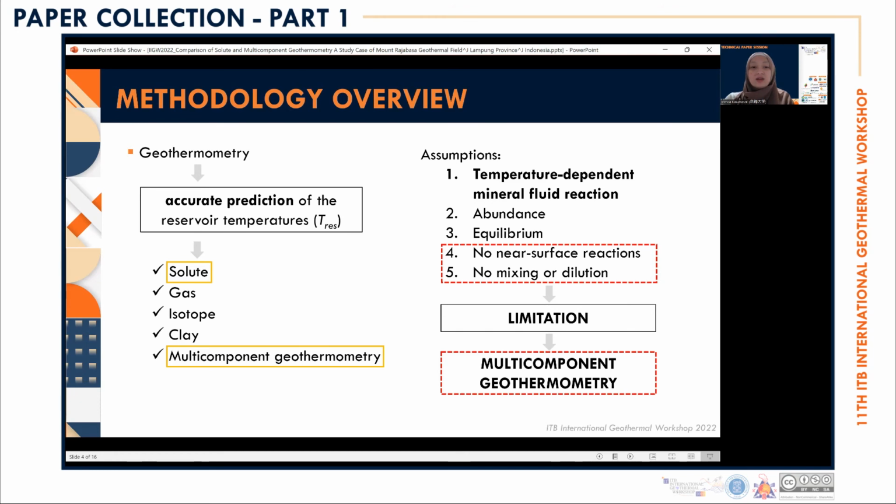With its other limitation on the temperature range, we turn to multi-component geothermometry to try tackling these limitations. It is believed to be beneficial for our work because it considers full chemical analysis and surface processes, and it is applicable to any geothermal system.